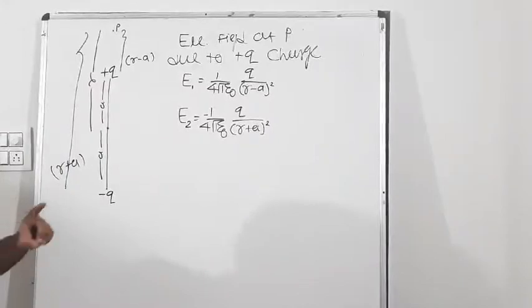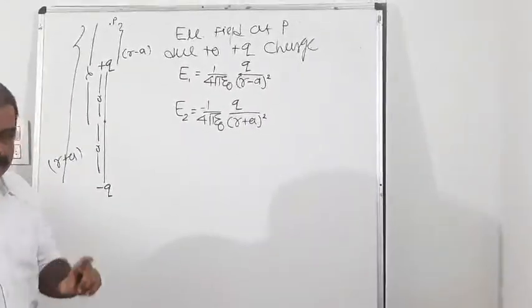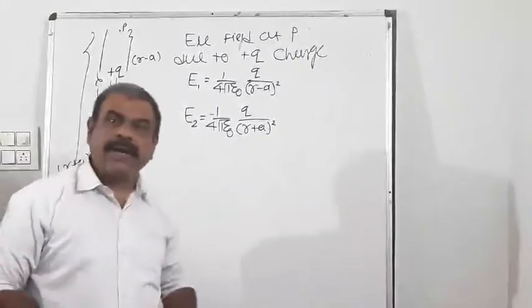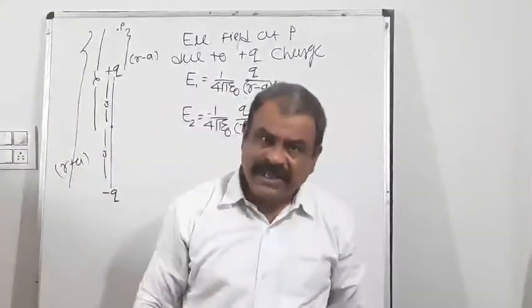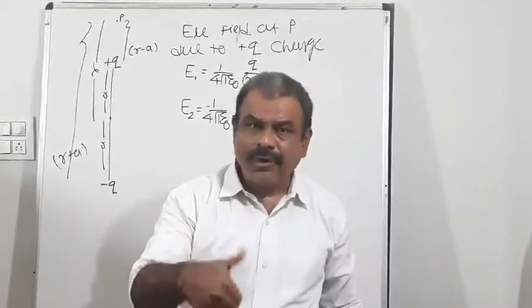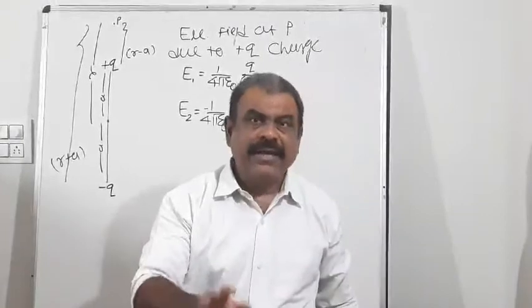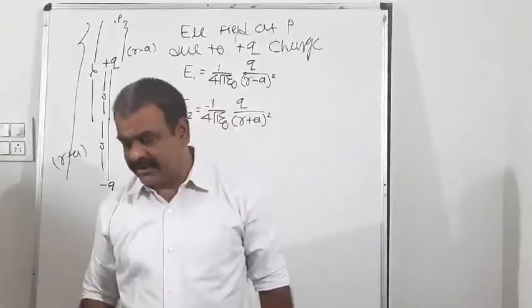Now remember, this negative sign is not of the charge, because whenever you are finding the force acting on any one charge due to multiple charges, or whenever you are finding the electric field at any point due to more than one charge, never consider the sign of the charge, only consider the sign of direction.